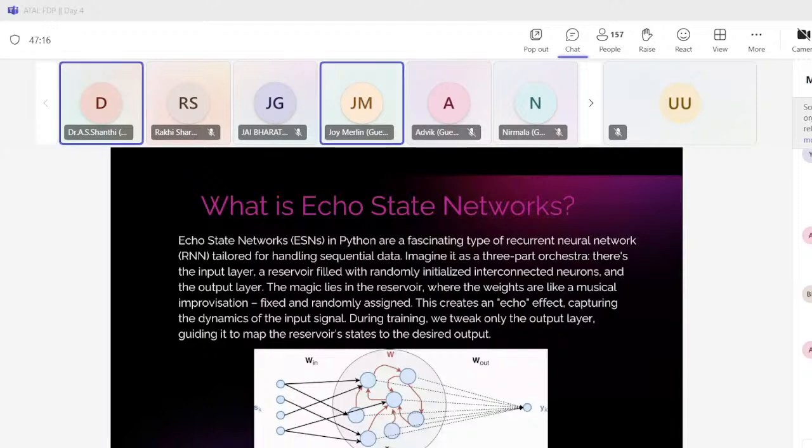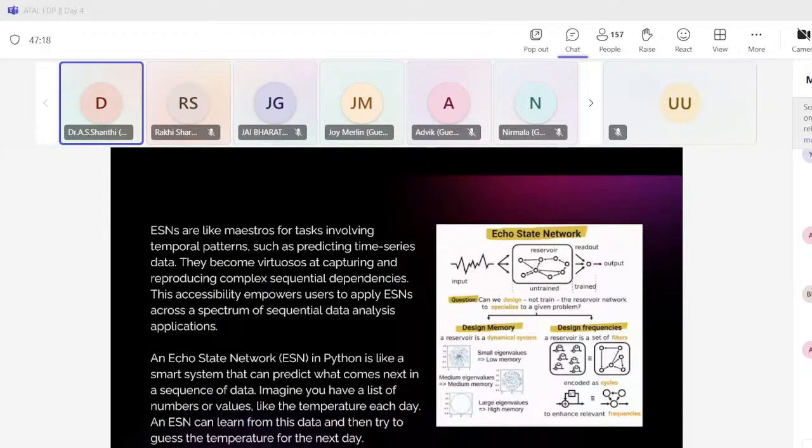They are like maestros for tasks involving temporal patterns, such as predicting time series data. They become virtuosos at capturing and reproducing complex sequential dependencies.